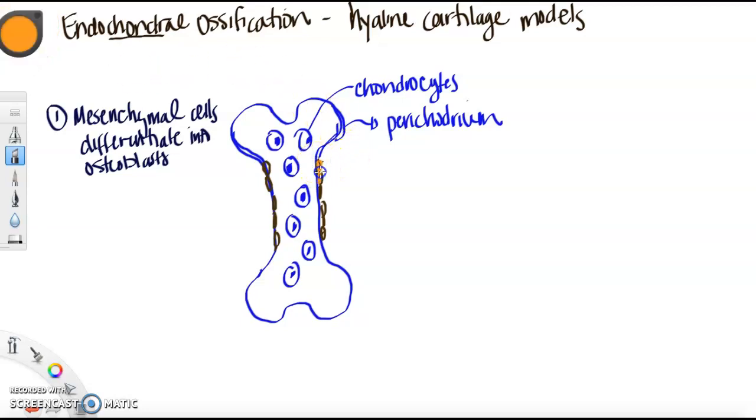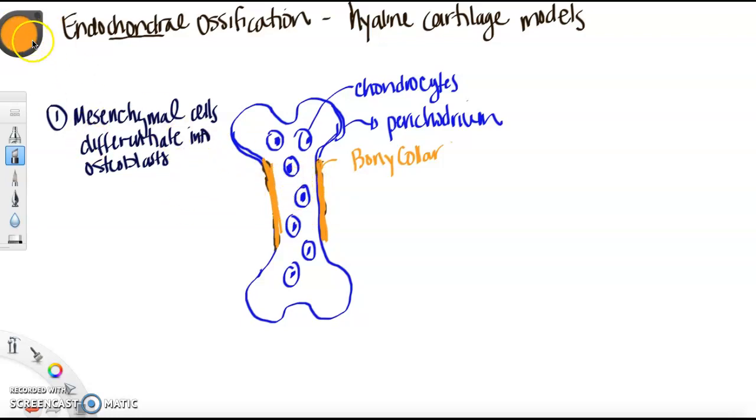They're secreting matrix, which is bone, and they create this thing called the bony collar. So it forms this bony collar, which is encircling the diaphysis, the long part of this pre-bone.